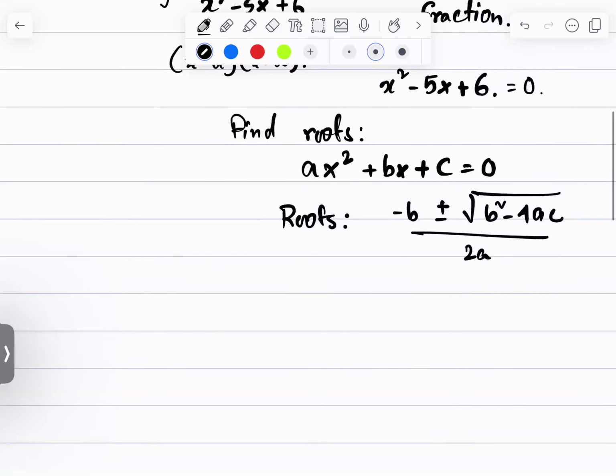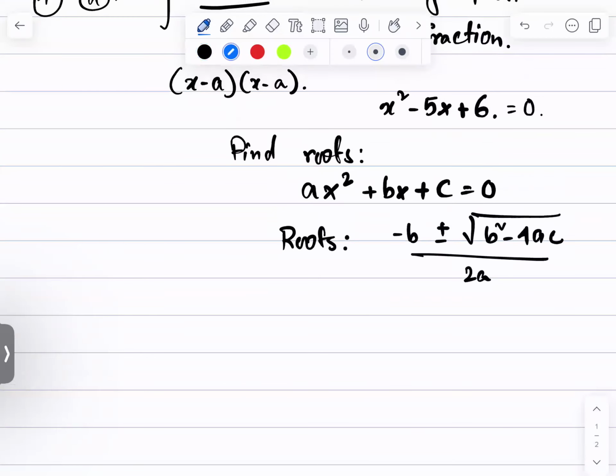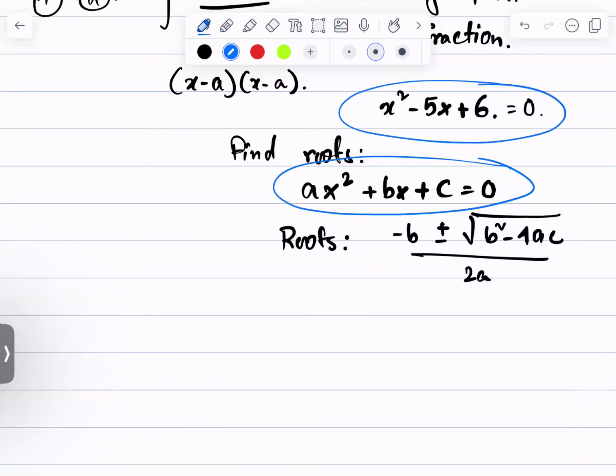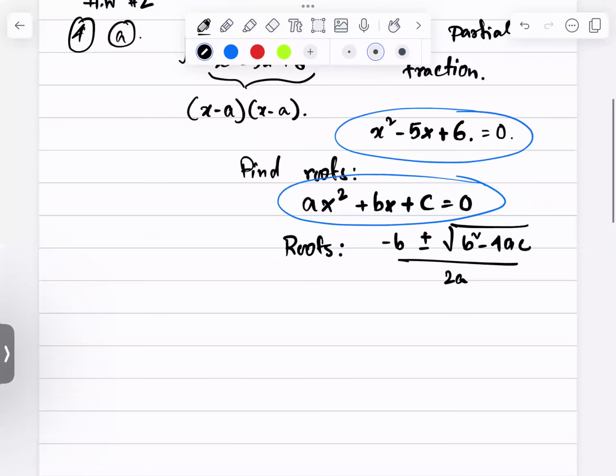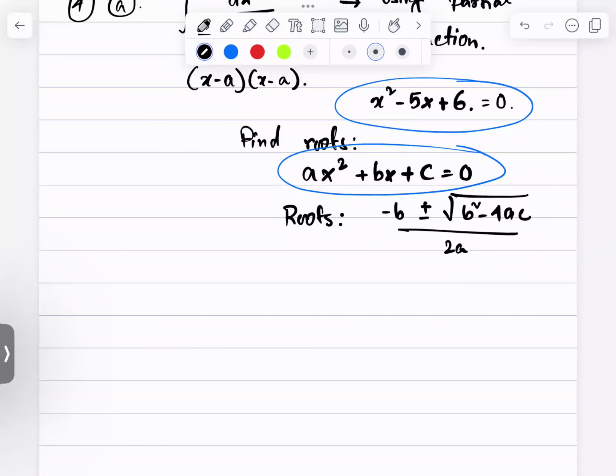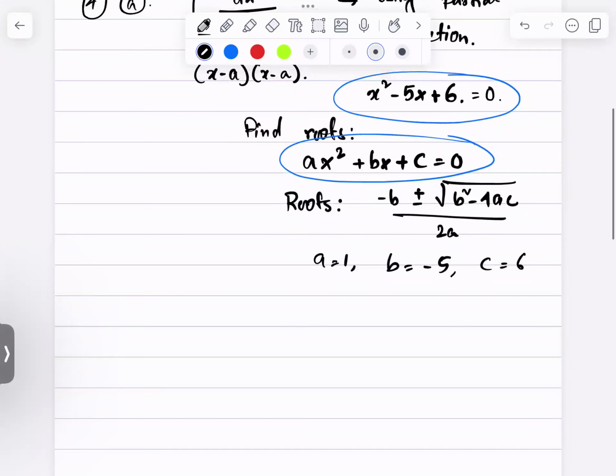If you compare this general equation and this particular equation, in this case a is 1, b is -5, and c is 6. So if I use the formula, I should have something like this as my expression.